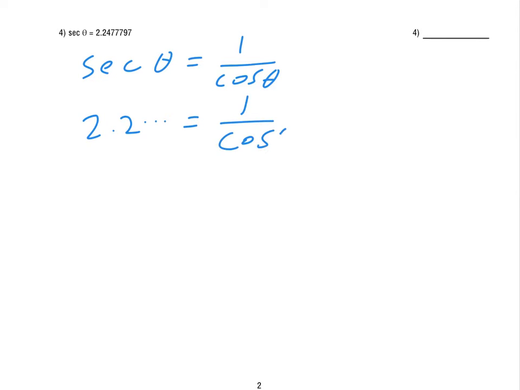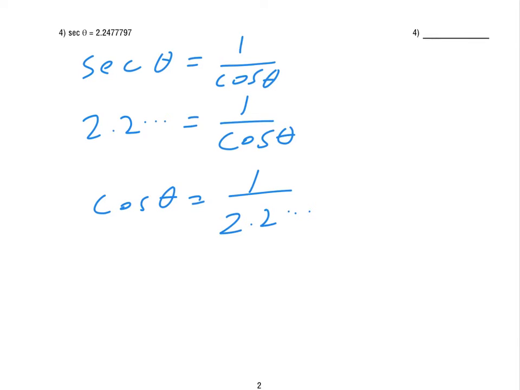And here we have the secant of theta, so of course there's no secant button on the calculator. So I have to recall that secant of theta is 1 over the cosine of theta. So the 2.2 is going to equal the 1 over the cosine. I'm just doing the dot, dot, dot there so I don't have to write that whole number out. Of course I want the cosine, not 1 over the cosine, so if I flip both sides over I get the cosine of theta equals 1 over that 2.2.